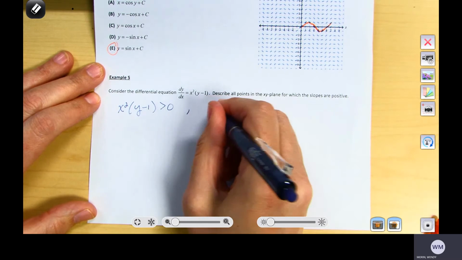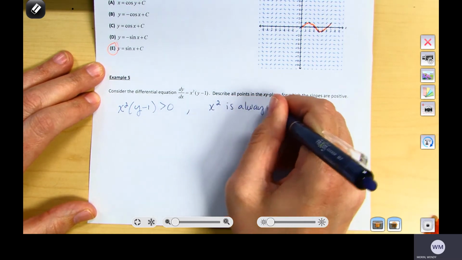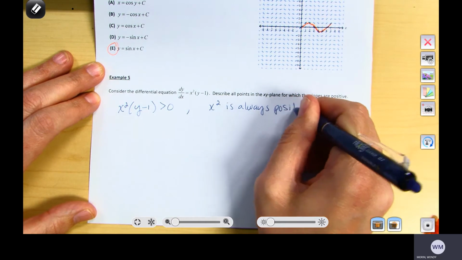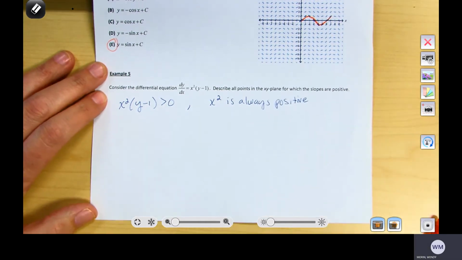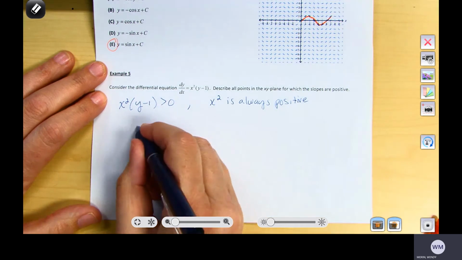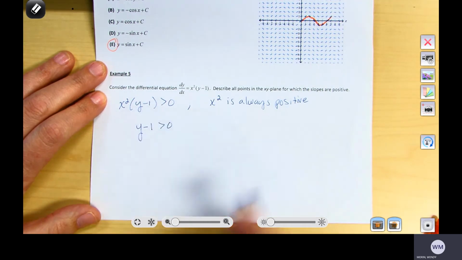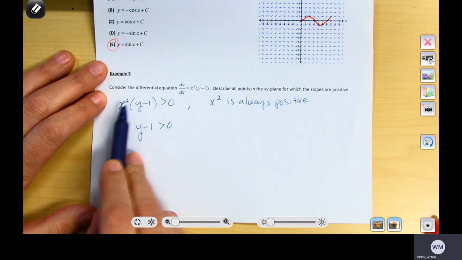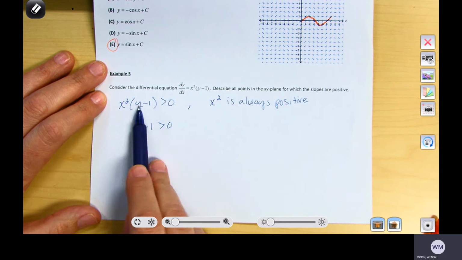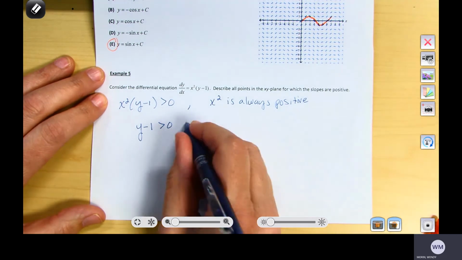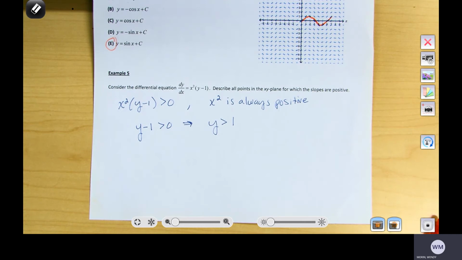Well, x squared is always positive. So that means that y minus 1 has to be positive, because if this is always positive, and you want all your slopes to be positive, then this also has to be positive, which means what? That y has to be greater than 1.